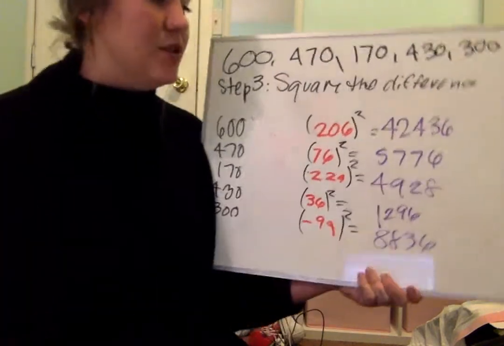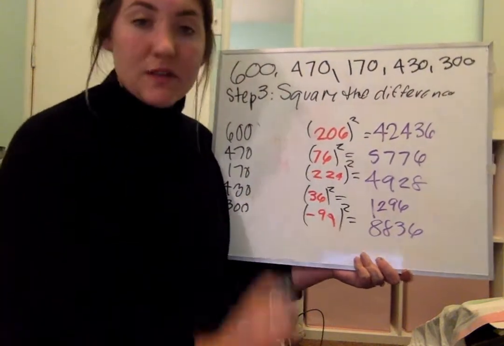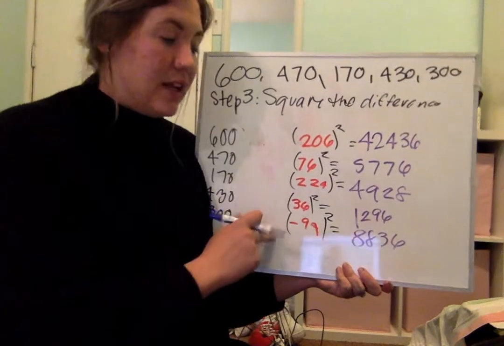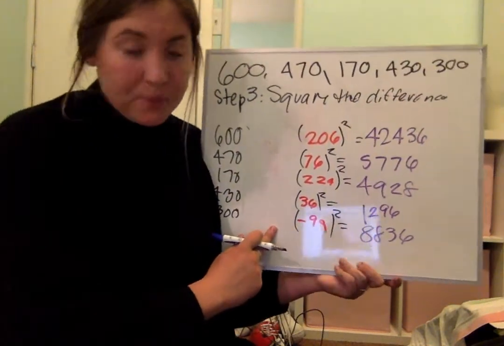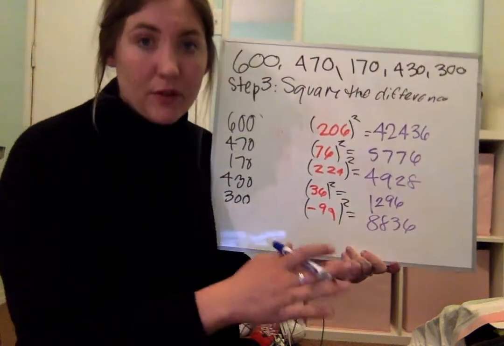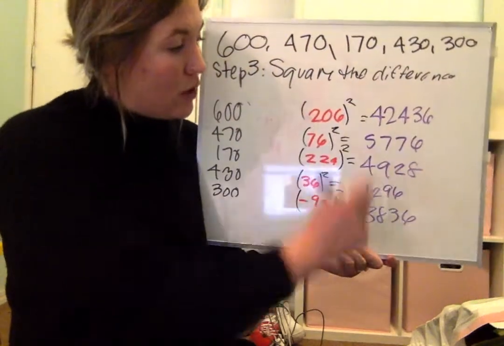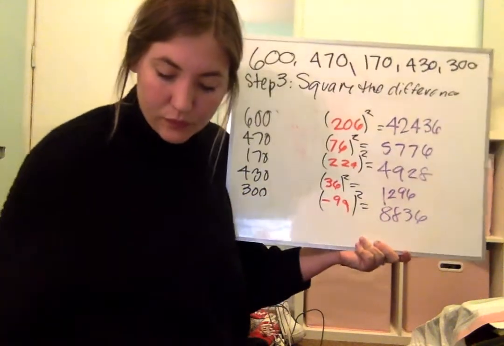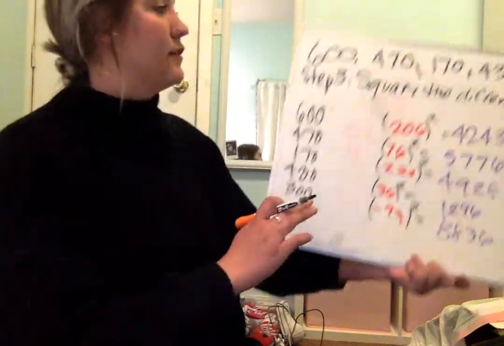Notice that all these numbers are positive, even though there were negatives within the numbers that we were squaring. When you square a number, you're multiplying it by itself, and two negatives multiplied by each other equal a positive. So that's how all these came out as positive. That is step 3, squaring the differences.